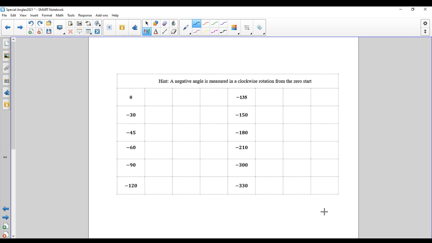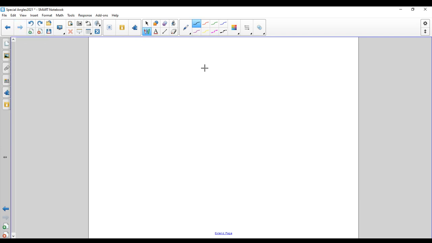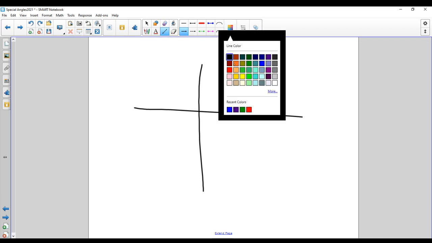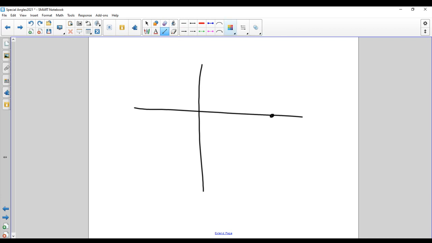To get to minus 30, I'm going to be starting off here, but instead of going in a counterclockwise direction, I'm now going in a clockwise direction. So here is my position that I'm going to be ending up at. Here.